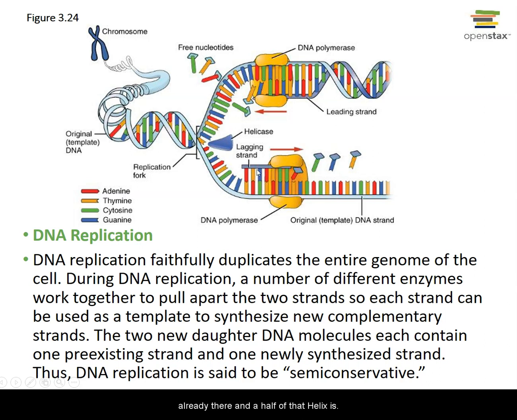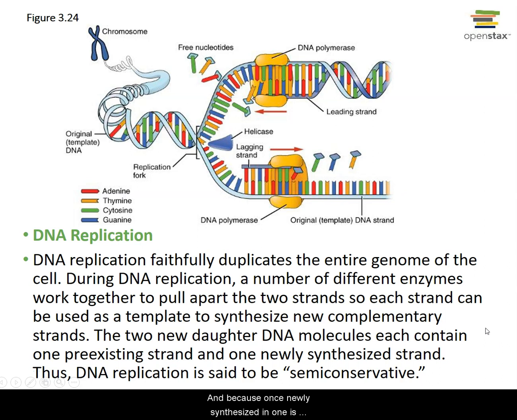And a half of that helix is that double strand, and one or half of that new DNA molecule, one strand is from the original and one strand is newly constructed.